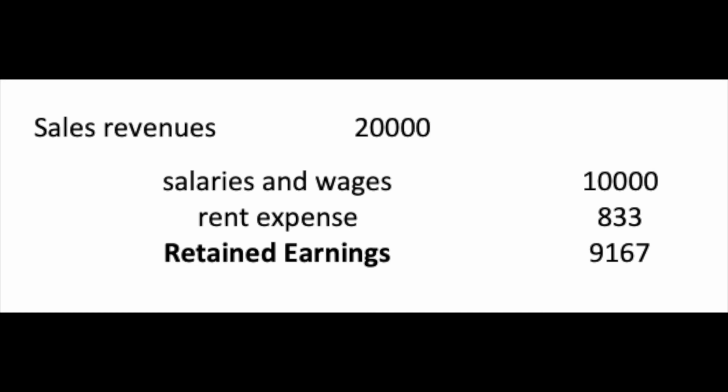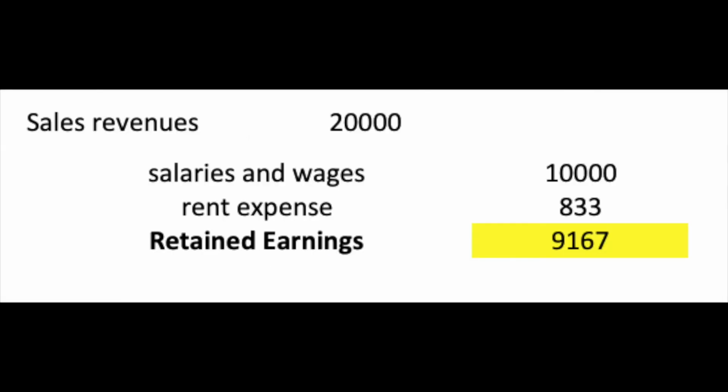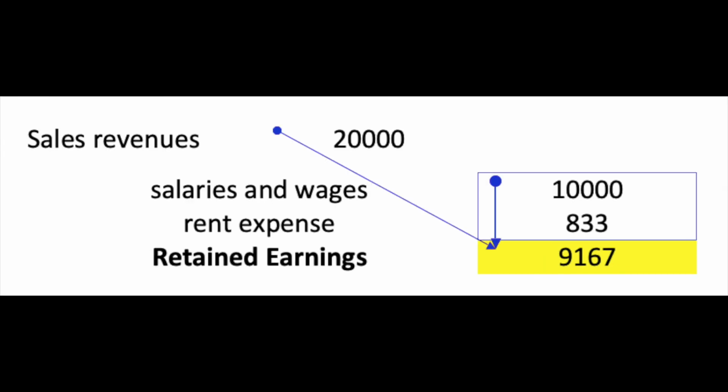This happens by decreasing income statement accounts to zero. The difference between debits and credits is retained earnings.